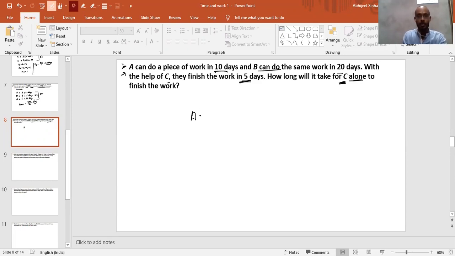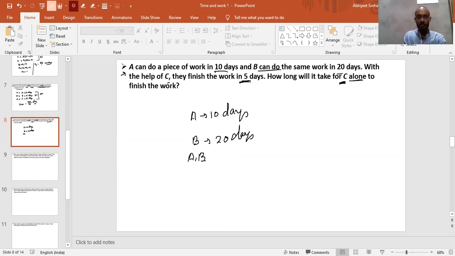So A can do a work in 10 days, and B's time is also given. This is 20 days. Someone answered. Sagar said 10. Okay, Sankalp said 20. Okay, chalo.